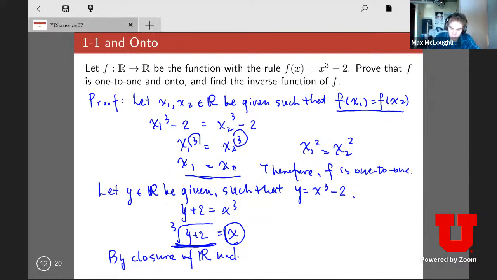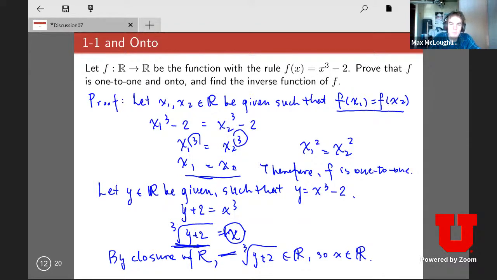So I'm just not going to write this. I'm just going to say by closure of R, this part right here is in R. So x is in the real numbers. Now we can conclude this function is onto. And then you can say that this function is one-to-one and onto.